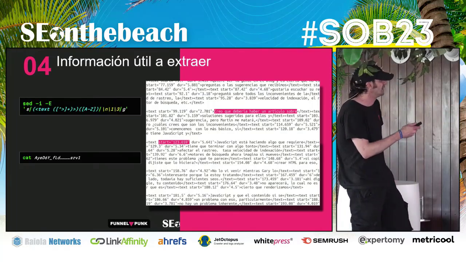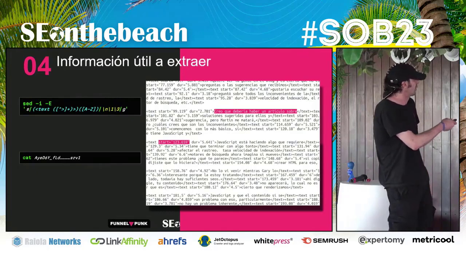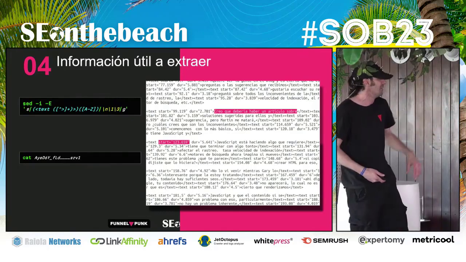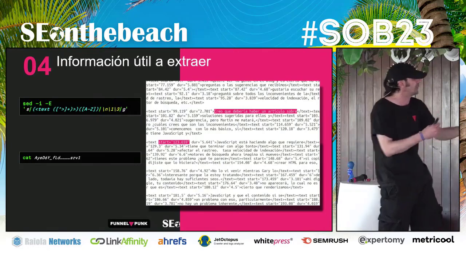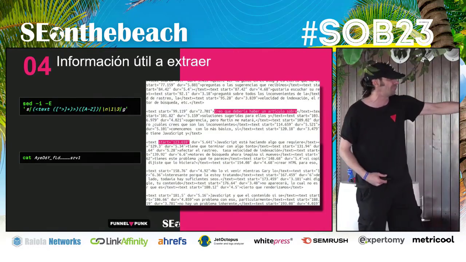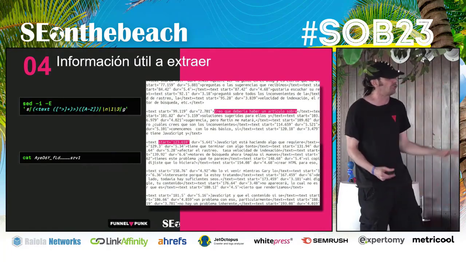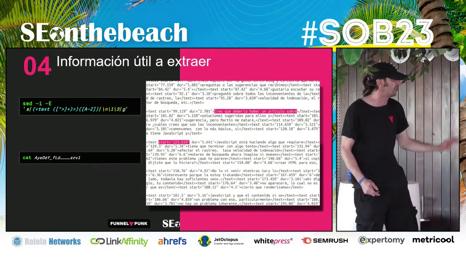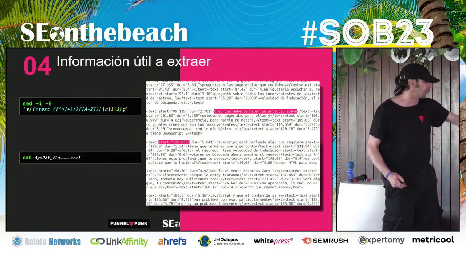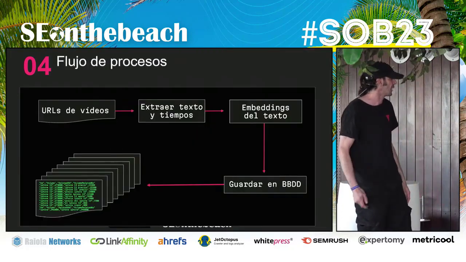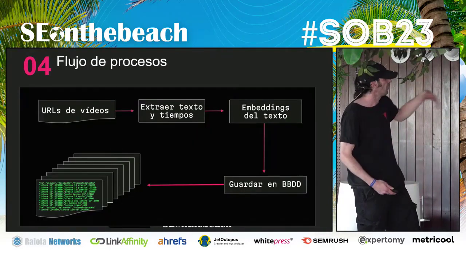So what we do is we substitute text with a capital letter, and that helps us to understand where the next paragraph or sentence begins. So we can do it either by paragraph or by sentence.